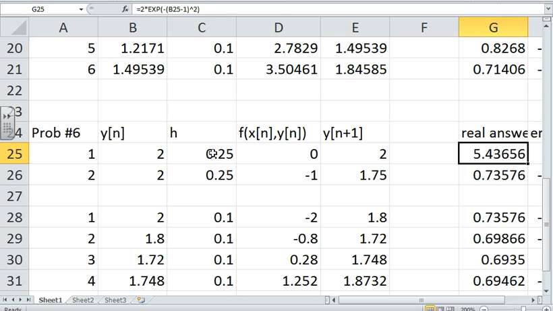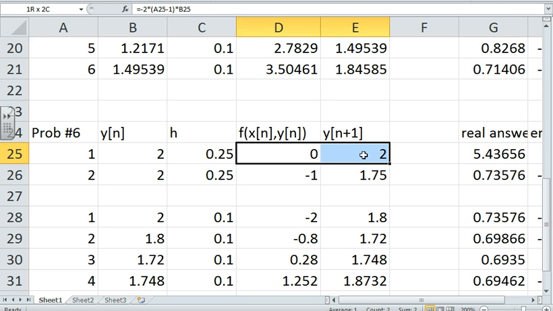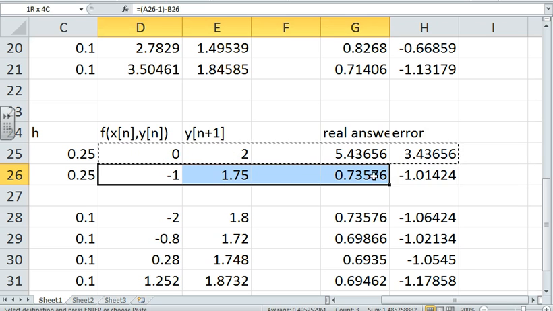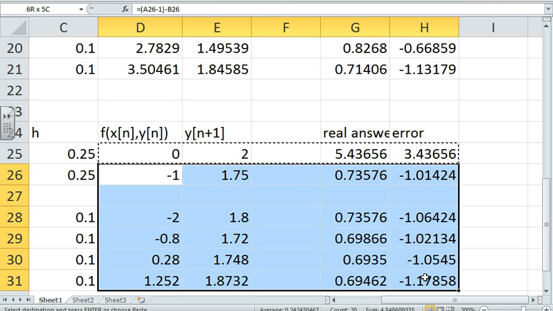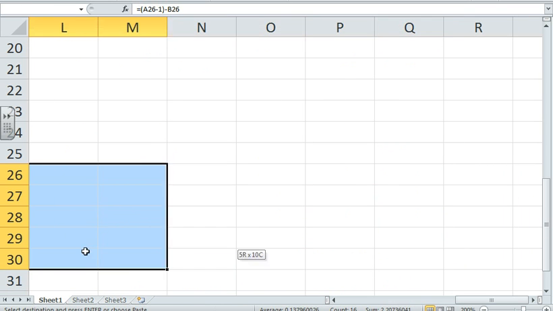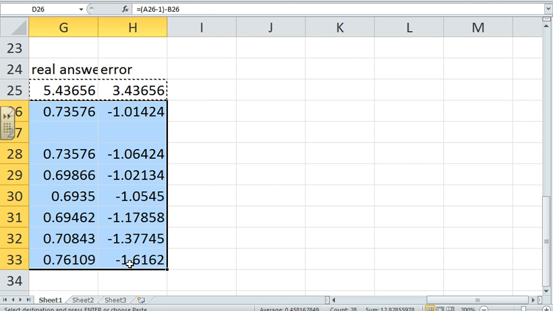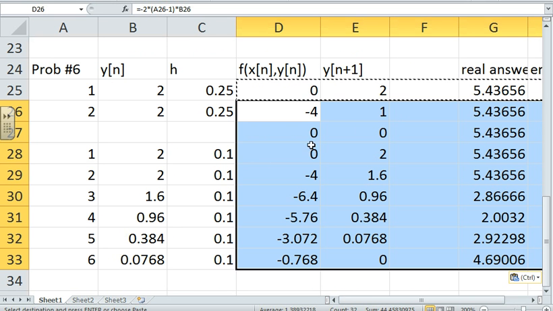We'll do a copy, and we'll do a paste like that. Is that as far as we go? Oh, bummer, I'm way over here. Paste.